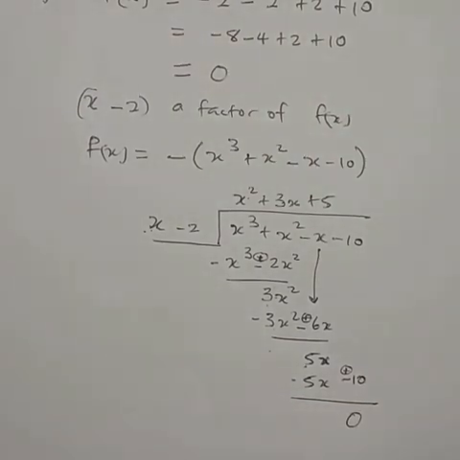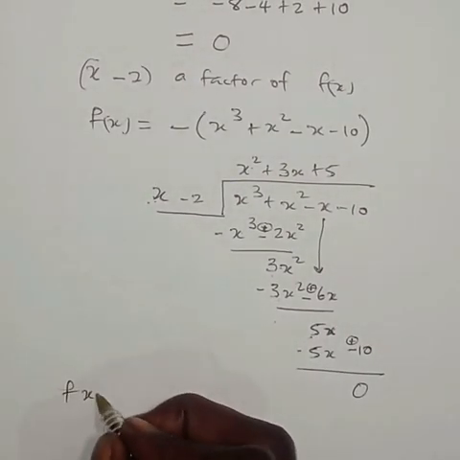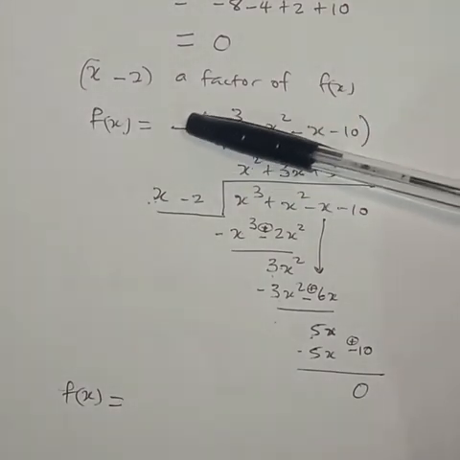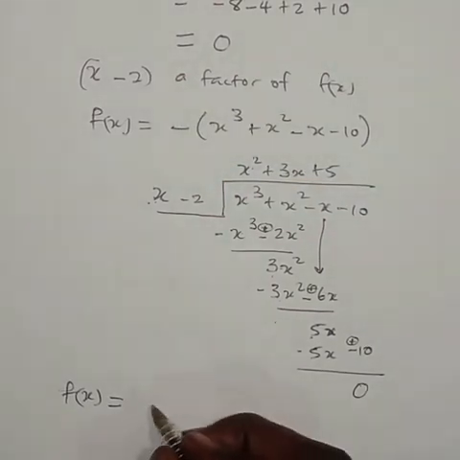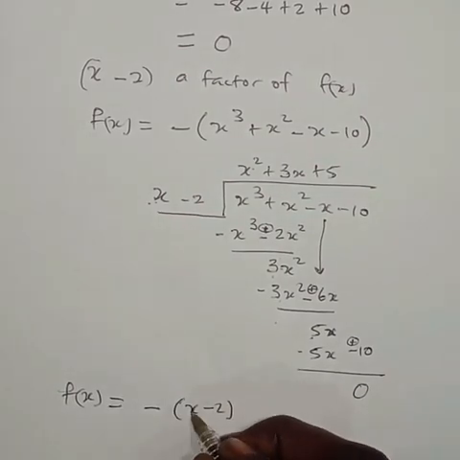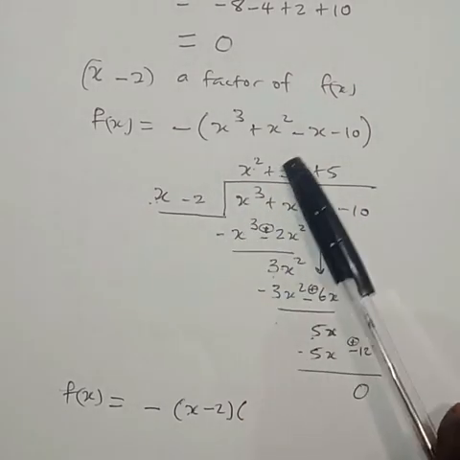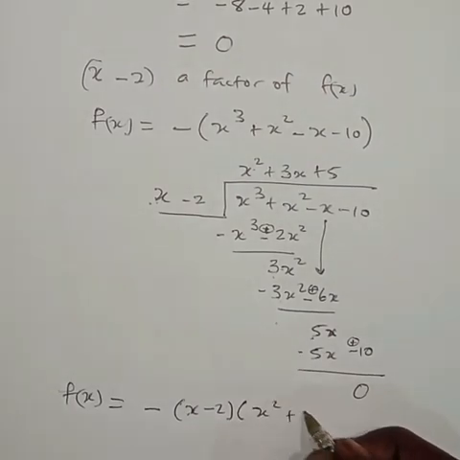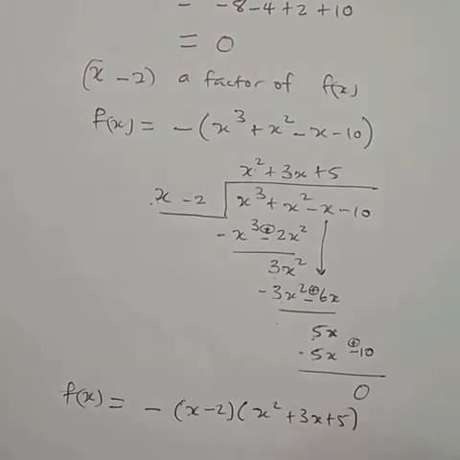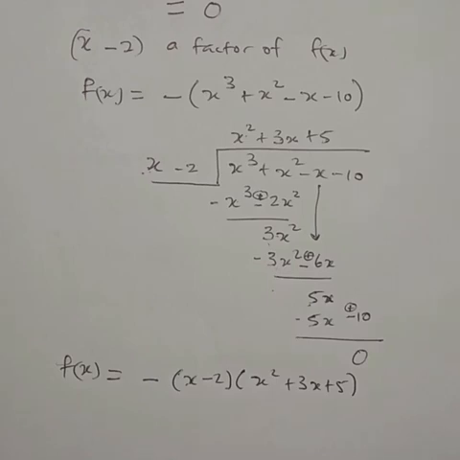So there's no remainder. Let me rewrite this again. f(x) is equal to, remember I have to put that negative sign back, minus (x minus 2) multiplied by this one, because I've divided this by that to get that. So I'll have x squared plus 3x plus 5. I'm looking for the x-intercepts of this function, so y is 0 there.